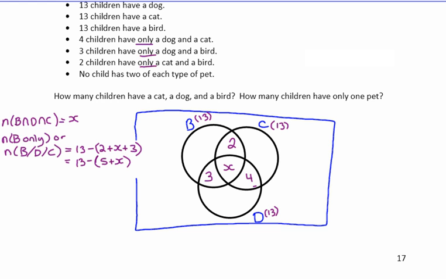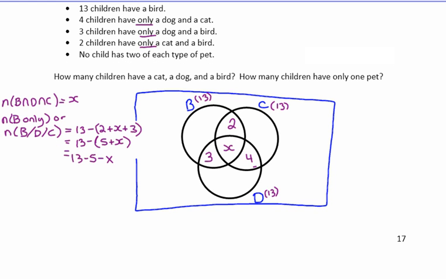Now be very careful with subtraction. If we're subtracting this, we have to have brackets, but we distribute the negative to each one. So it becomes 13 minus 5 minus x, if we bring in the negative to each one of them, distributive law. Or what's 13 minus 5? 8 minus x.